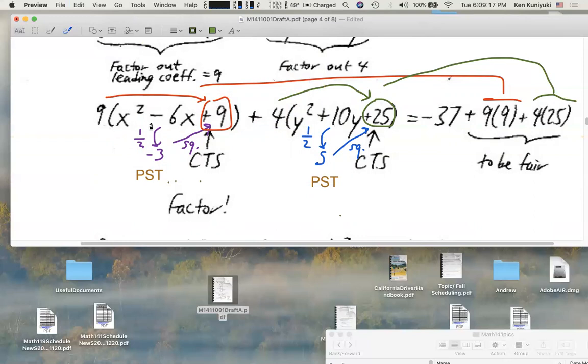Over here, we have 9 times, factor this, x squared minus 6x plus 9. That's the square of what? Likewise over here, 4 times the quantity, y squared plus 10y plus 25. This perfect square trinomial factors as the square of what? You can also simplify the right side. I'll give you a few moments. Factor, factor, simplify on the right.